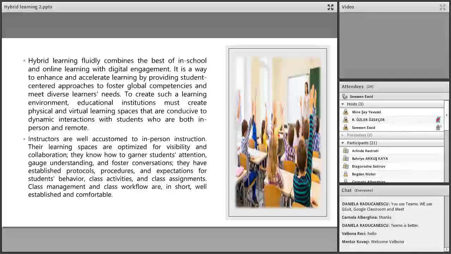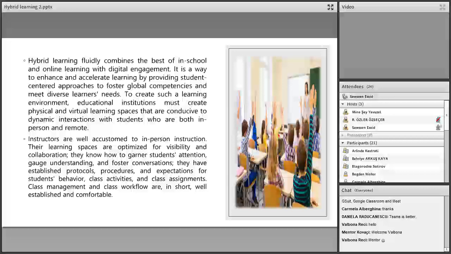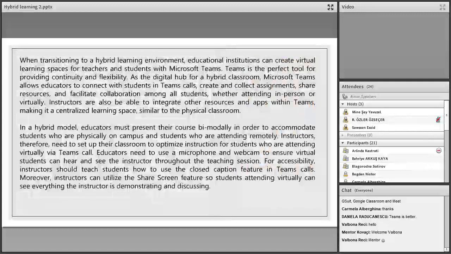They have established protocols, or what I call classroom rules, activities, procedures, steps, and expectations for students' behavior. Before we come to our classroom, we expect what will happen. If I ask these questions, will all the pupils respond? Will all the pupils react? And also class assignments. Class management and class workflow are, in short, well established and comfortable in a normal situation.